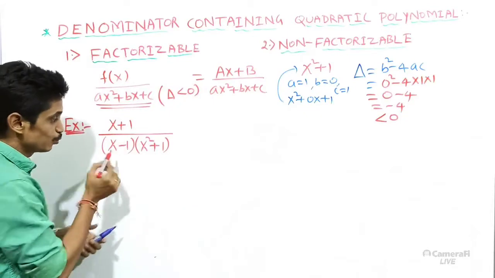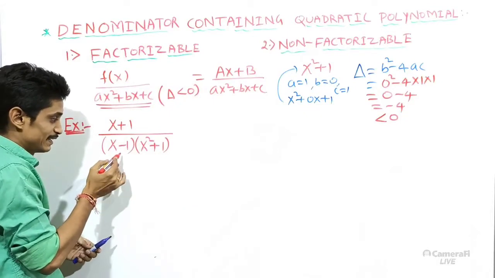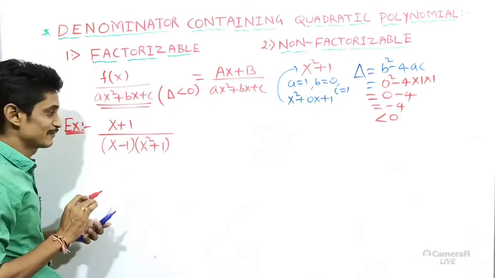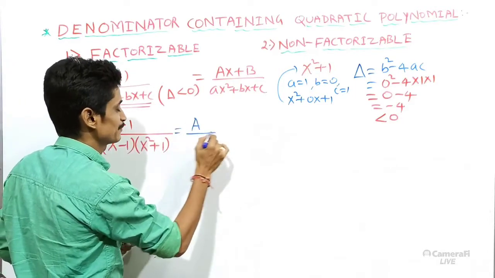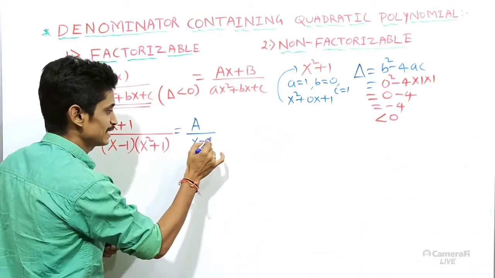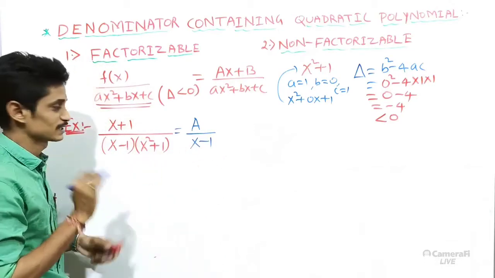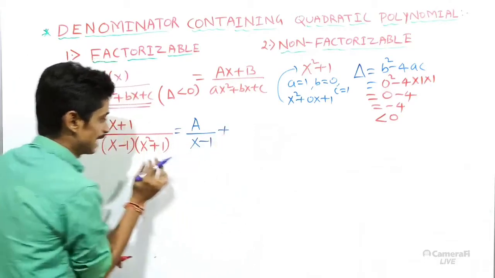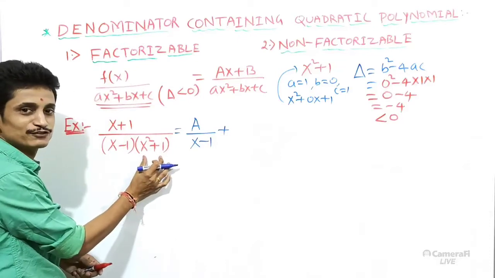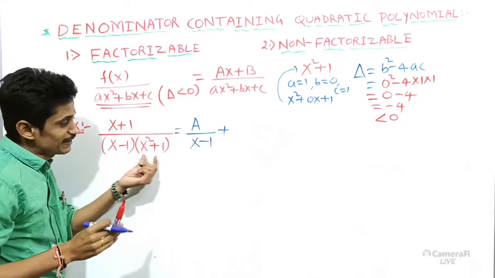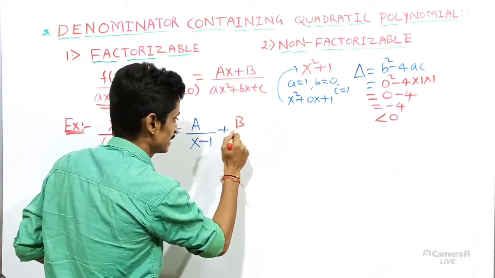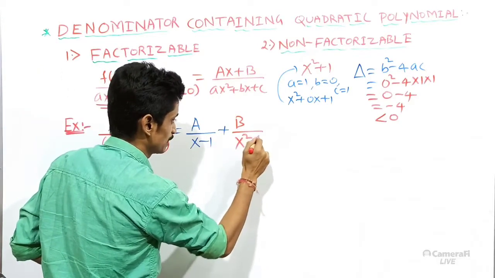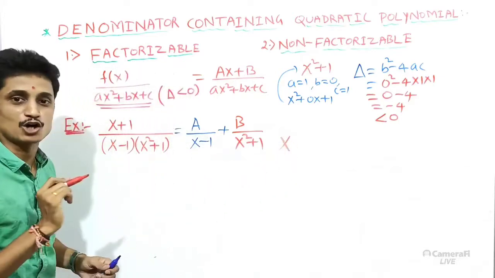First we write one non-repeated linear factor we have. So whenever a linear factor is there in the denominator, we write a divided by x minus 1, plus I will consider this is a second factor. In the second, please don't write like b divided by x square plus 1. It is completely wrong. Why?